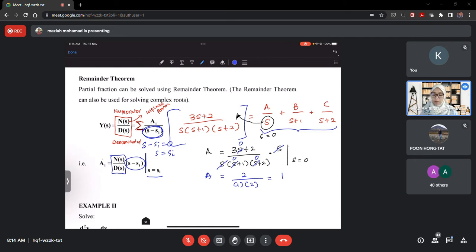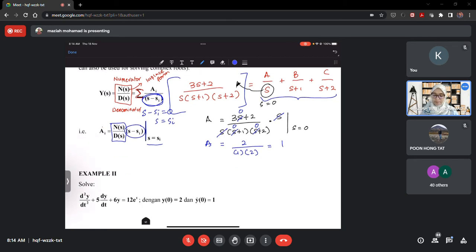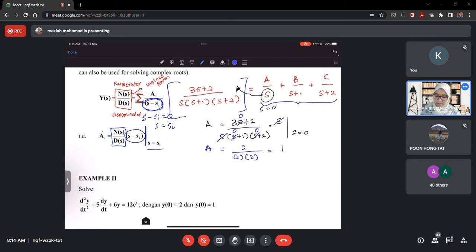Alright, so let's do for B. Similarly, B is equal to the denominator of B multiplied to the numerator here.